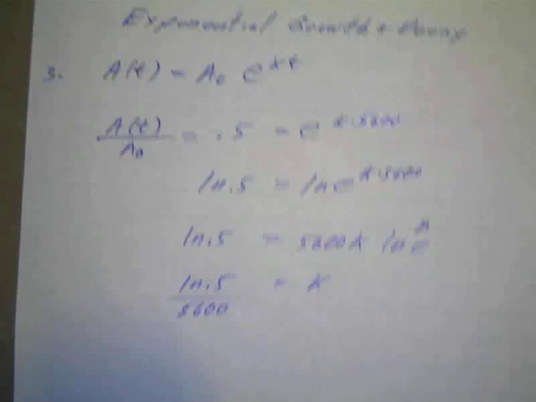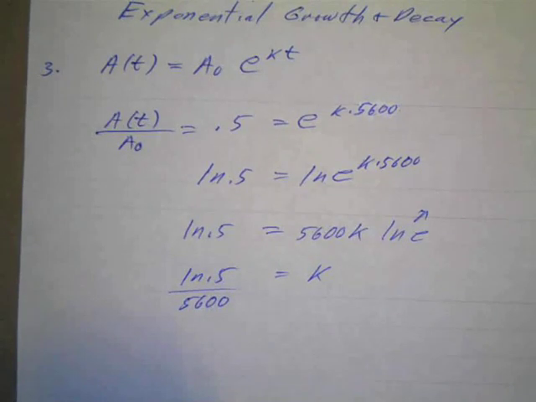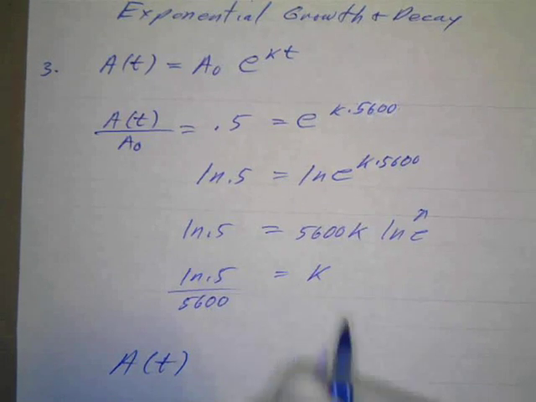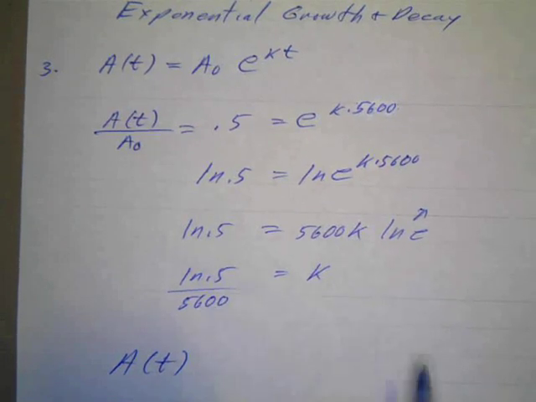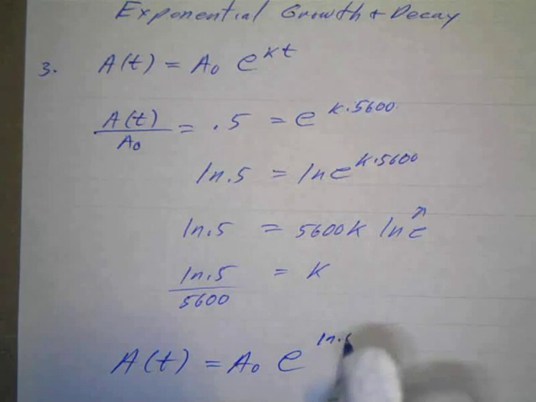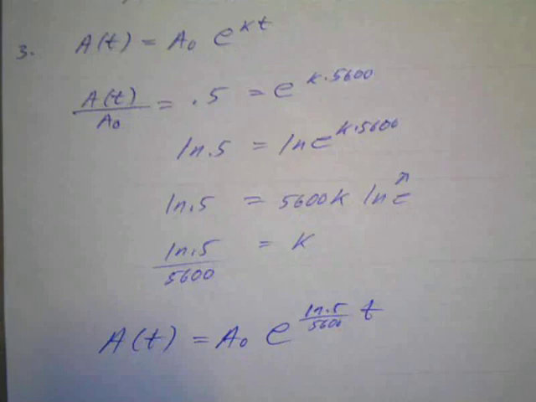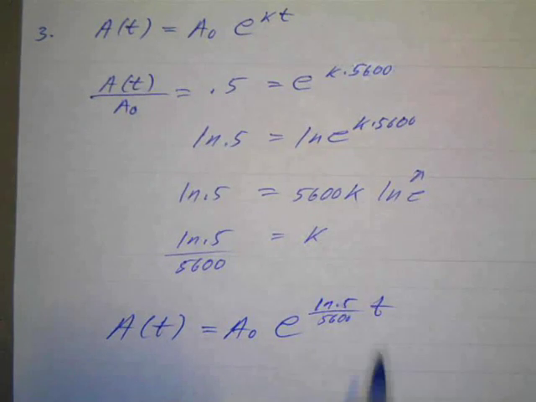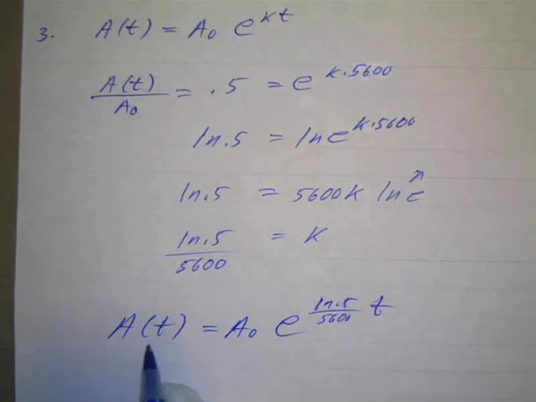Now I can put that in my equation, so I can have a general equation for this particular situation, carbon-14, I should say. So now if we know what the time is and our initial amount, we can figure out how much we've got.